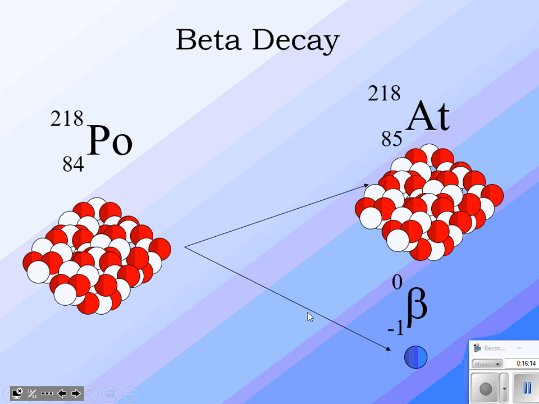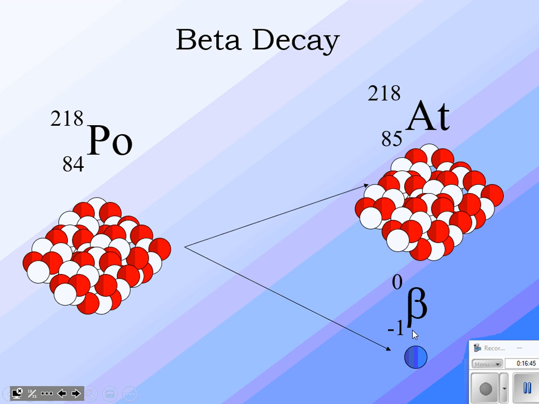And here's how I symbolize that beta particle. That is a Greek beta with the -1 and the 0. Now, I've also seen this written as, instead of a beta particle, what did we just tell you that that was? A fast-moving electron. So I've also seen this written as an e, 0, -1, e, symbolizing the electron.